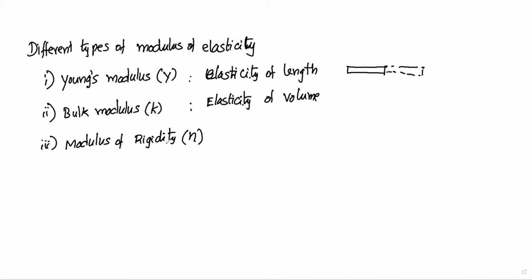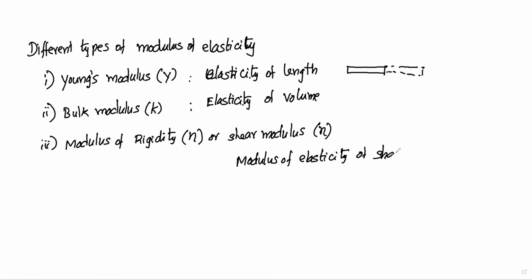Modulus of rigidity or shear modulus, which is eta: this is the modulus of elasticity of shape.